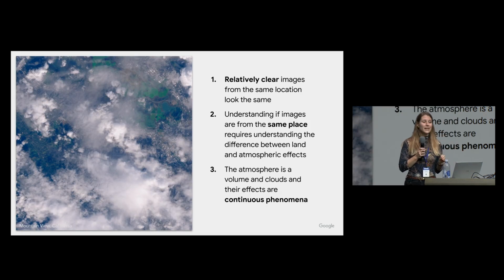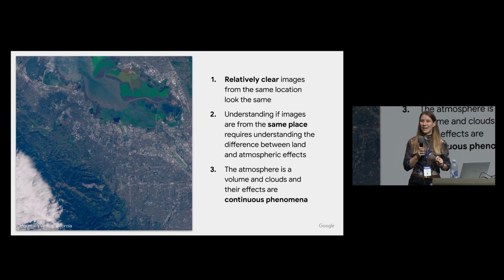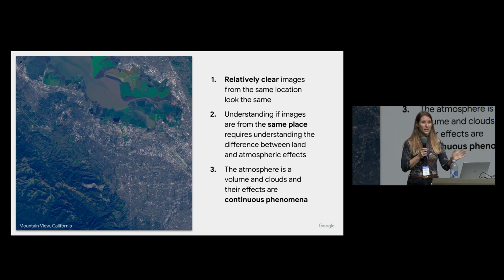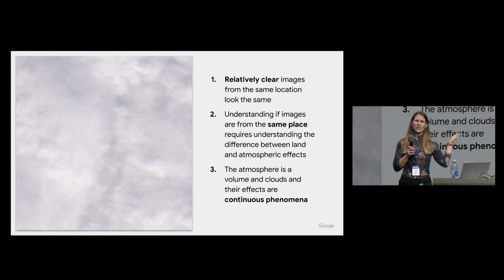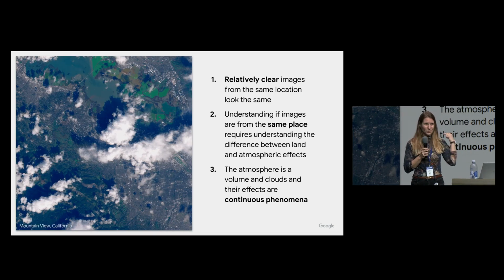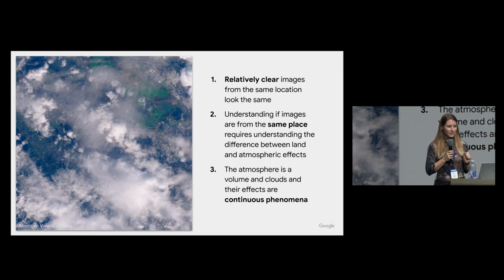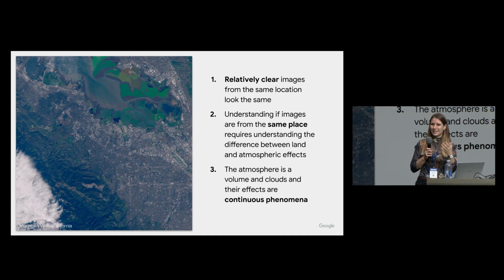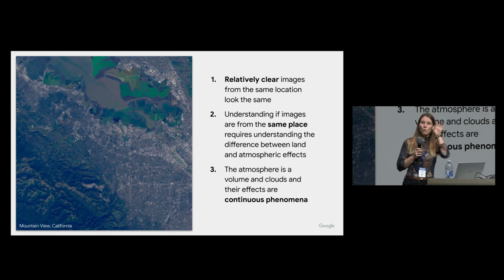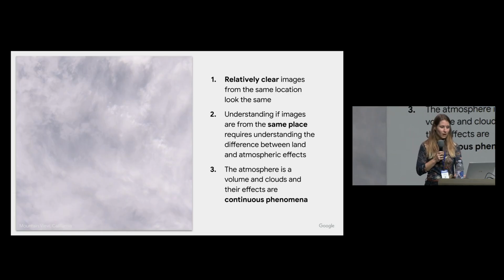And if we understand that images are from the place, we actually had to understand something about what wasn't on the ground, right? When I showed those images of the clouds, you were like, well, that's not telling me I moved location. That's just telling me that there's clouds in the image. So your big neural net on your shoulders is able to sort out that if you've got these images with or without clouds, that there's some understanding of what's in the atmosphere versus what's on the ground.